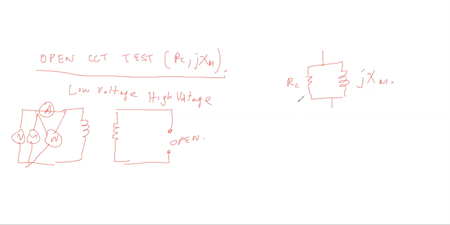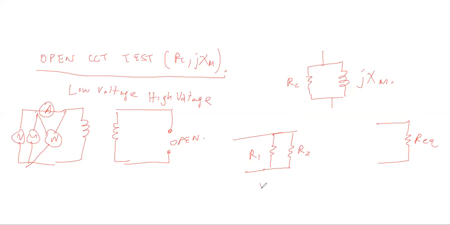So as we know, when we have two resistances in parallel, and we want to find the equivalent resistance, we have a formula.